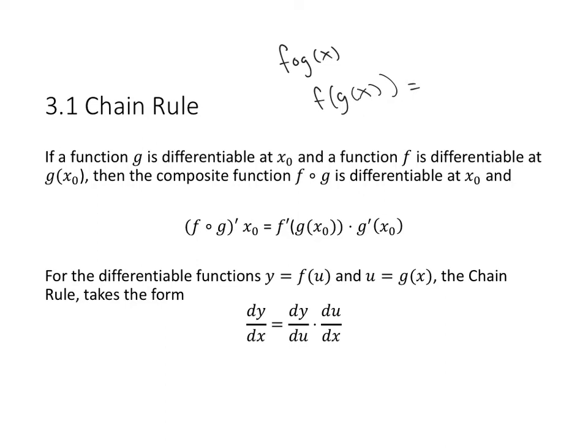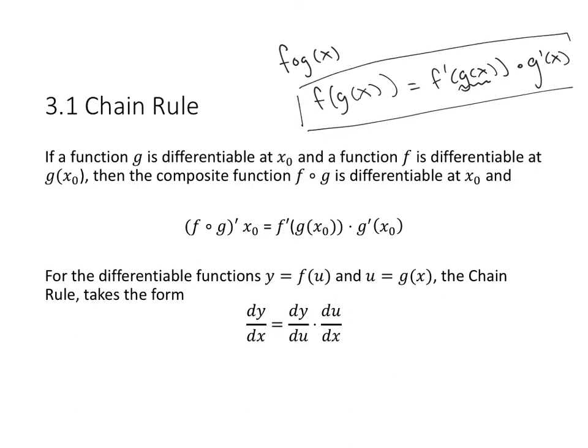So I differentiate the parent, f prime of g of x, and then I differentiate the baby, the thing in the middle, times g prime of x. This is probably the easiest way for you to see it and for you to keep it in your notebook. This is super important, and we will use this all the time.